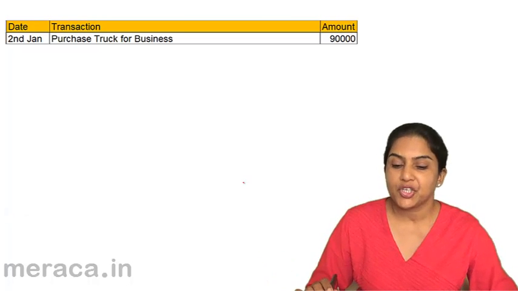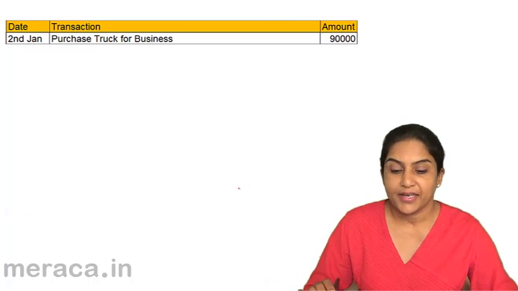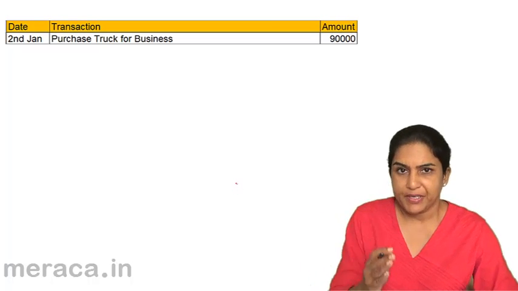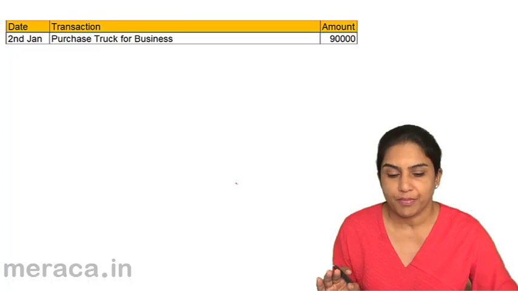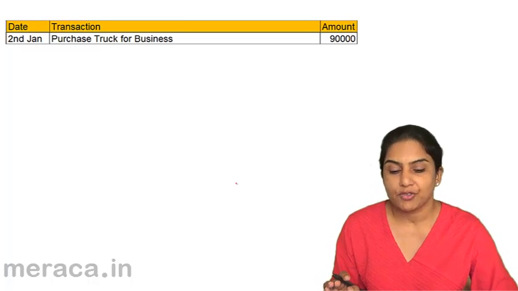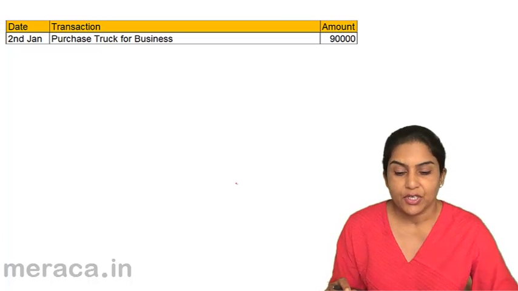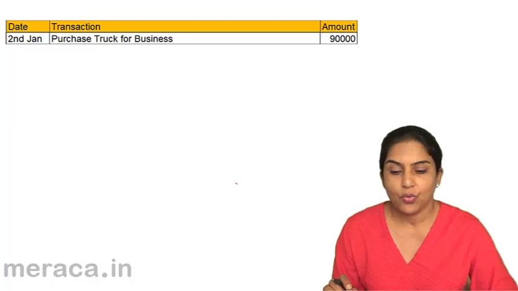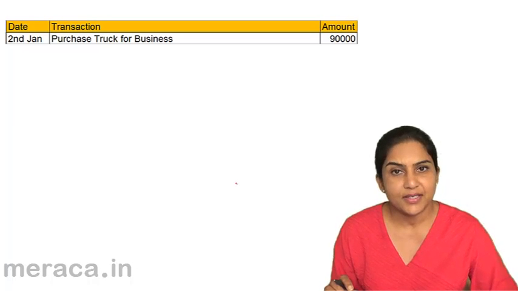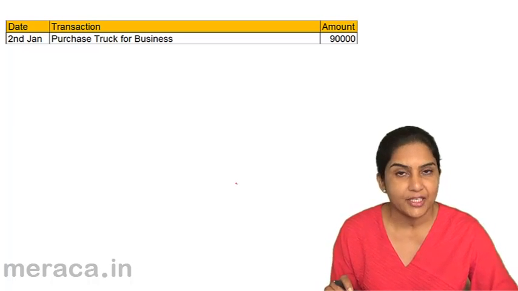2nd January, purchase truck for business 90,000. So now what are the accounts involved? Let me just do the accounting equation method. Purchase truck for business, maybe truck account, or I'll call it a vehicle account, to cash. Now, is this an asset or is it an expense?